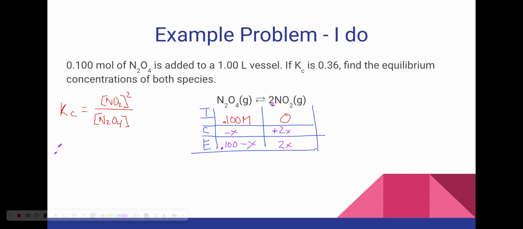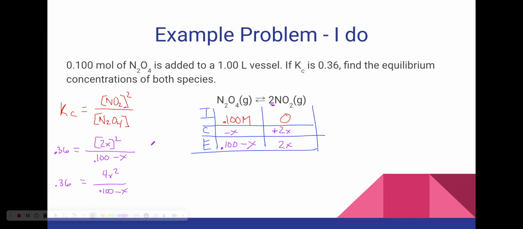So I'm going to have 0.36 set equal to the concentration of 2x, squared, divided by 0.100 minus x. We simplify this ever so slightly and get 4x squared on top, divided by 0.100 minus x.